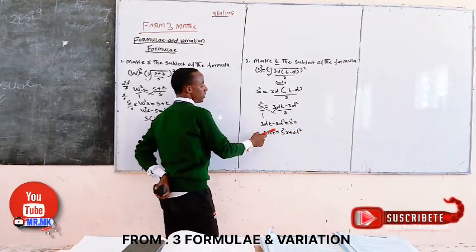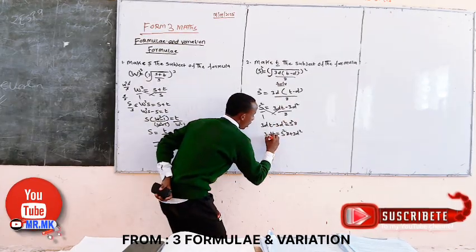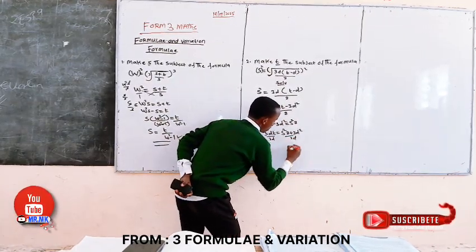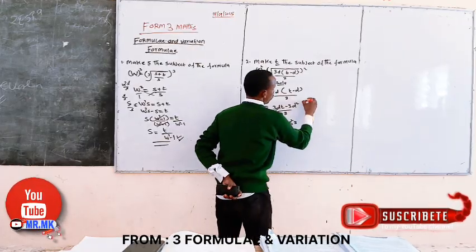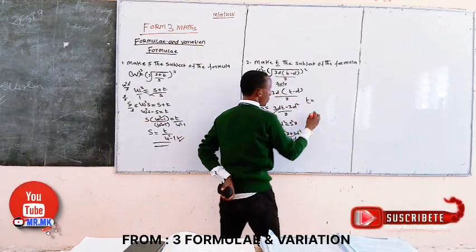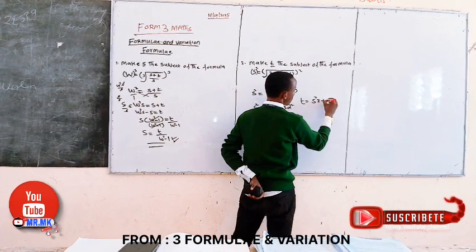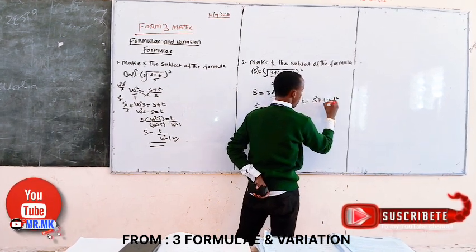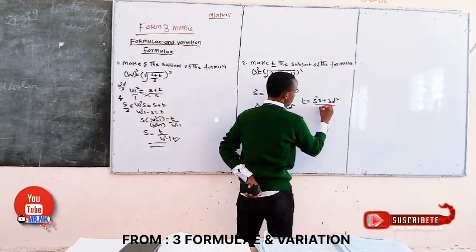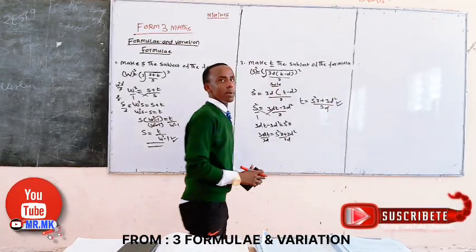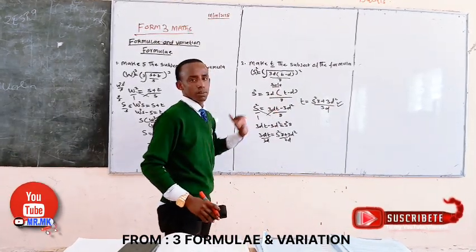I want to remain with t alone, so I divide by 3d, divide by 3d. My t is equal to s square 8 plus 3d square over 3d. By doing this, you have made t the subject of the formula.